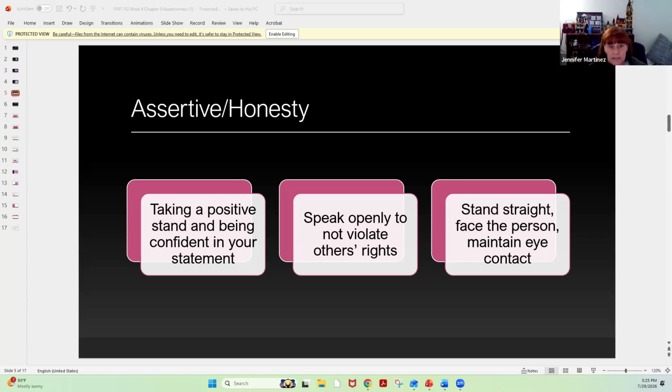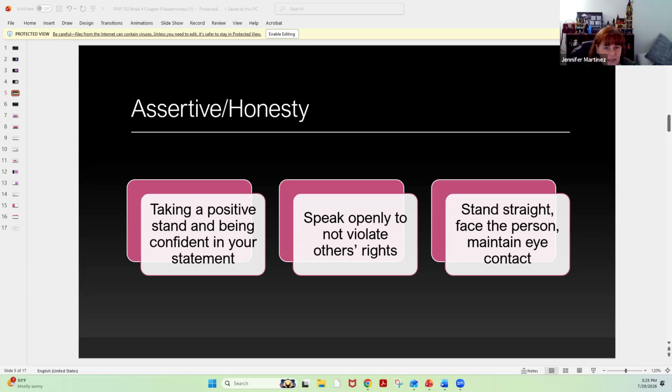It's even taking criticism, right? How we accept criticism. And I know nobody likes to accept criticism because it tends to hurt our feelings. But it's saying, okay, clarify this. I want to make sure that I understand so that it doesn't happen again, right?